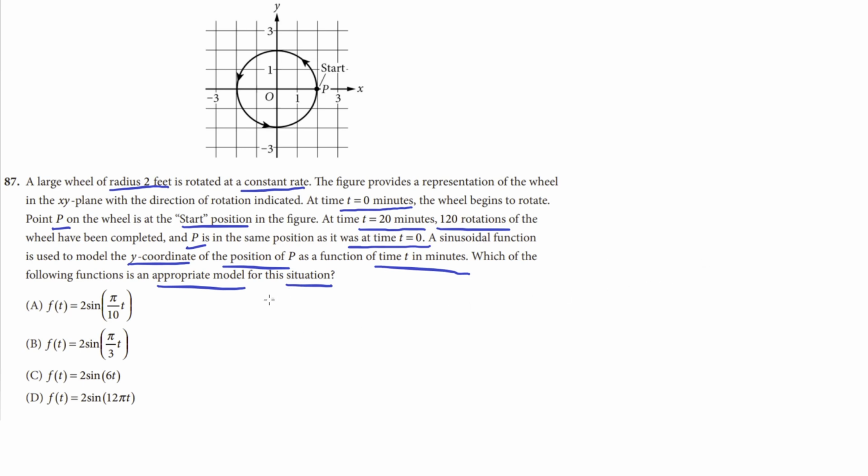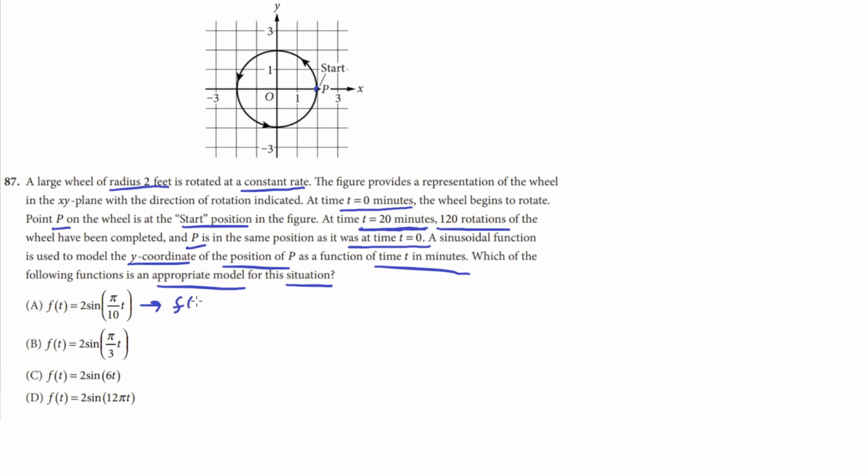So what we need to see is which one of these functions gives us a y-coordinate of 0, meaning f of t returns 0 at t equals 0 minutes, and gives us 0 again for t equals 20. So let's do this.